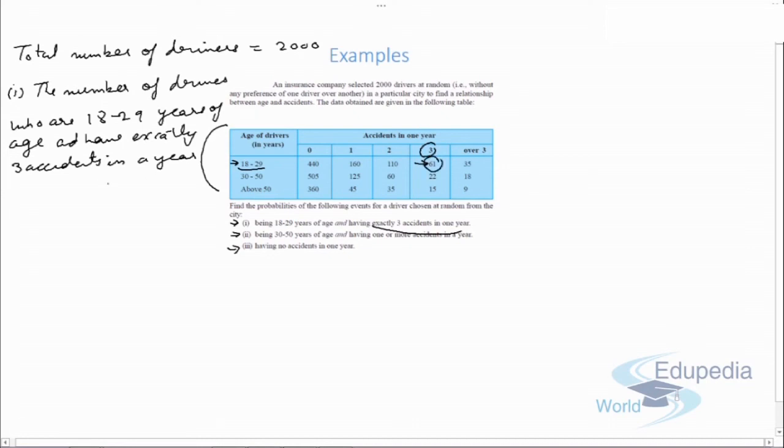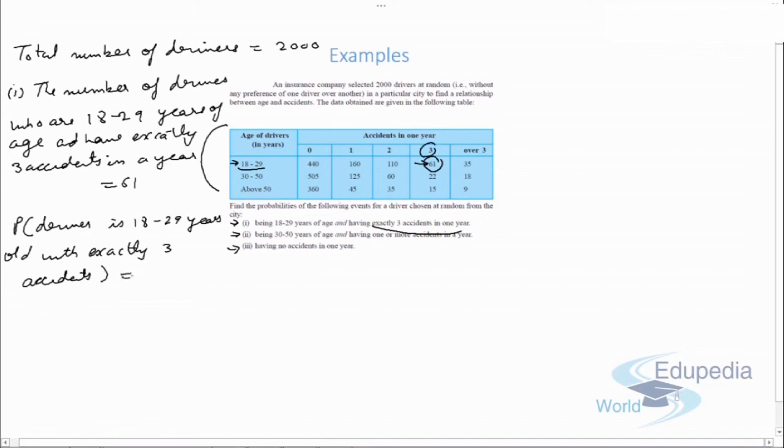So the probability that the driver is 18 to 29 years old with exactly 3 accidents will be 61 upon 2000. When you solve it, it comes out to be 0.0305, which is approximately 0.031. This is how we can solve the question.